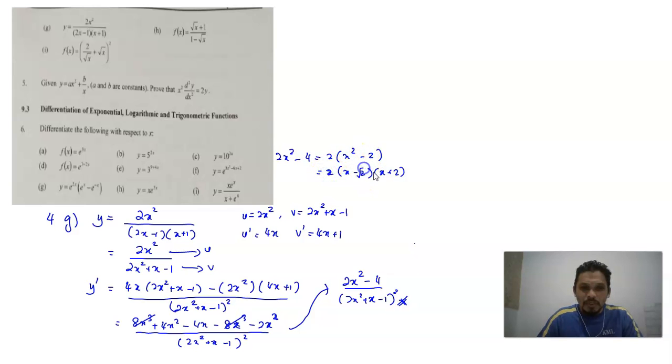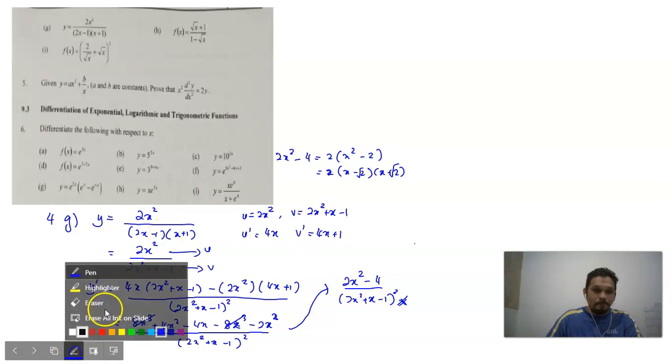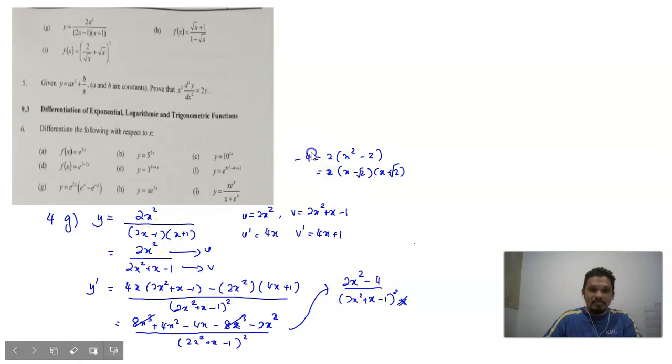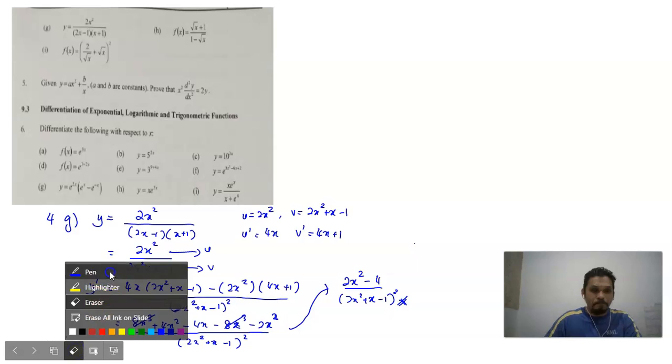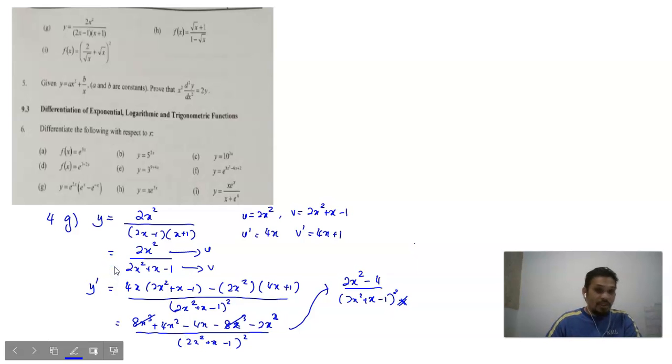This one should be square root of 2 and square root of 2. It does not match with this one, so that's it. It doesn't match, so we cannot divide by the same factor. Okay, question number 4g done. Okay, question 5.